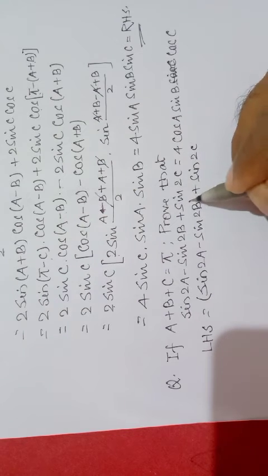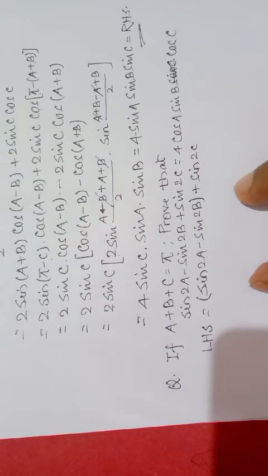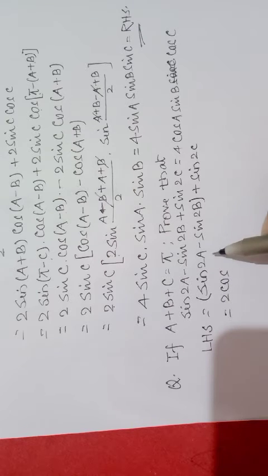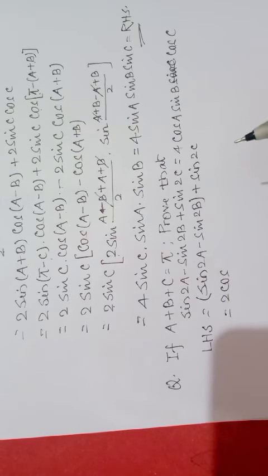Write these two terms within bracket and apply the formula for sine C minus sine D. Sine C minus sine D is 2 cos (A plus B by 2), meaning 2A plus 2B by 2.